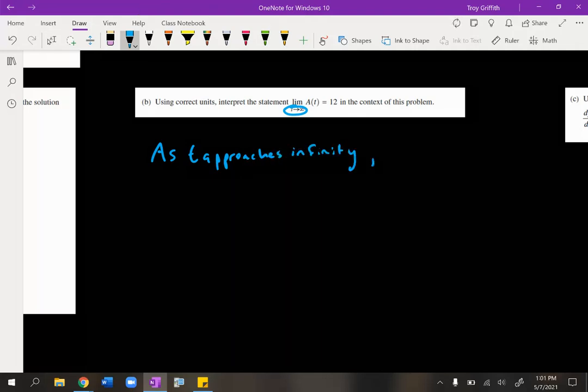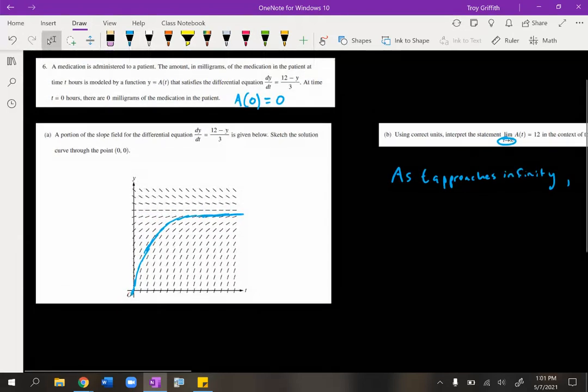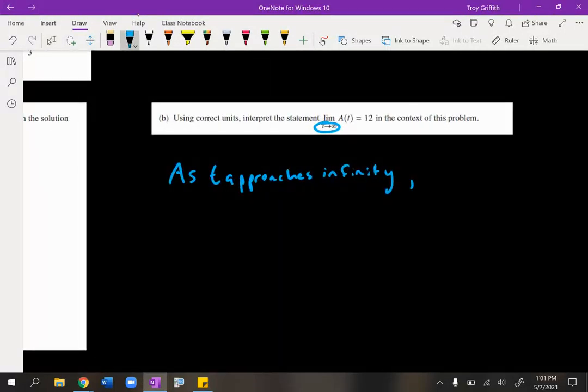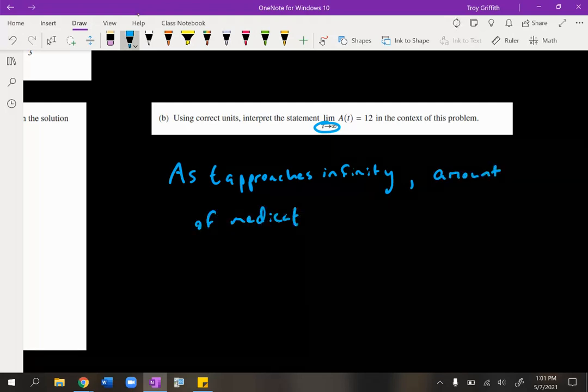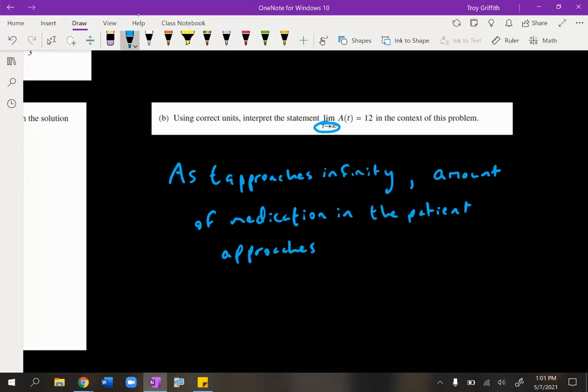okay, and maybe we can put this just a little bit more specific. It says the amount in milligrams of the medication in the patient at time t hours. So we can say as t approaches infinity, the amount of medication in the patient approaches 12 milligrams.